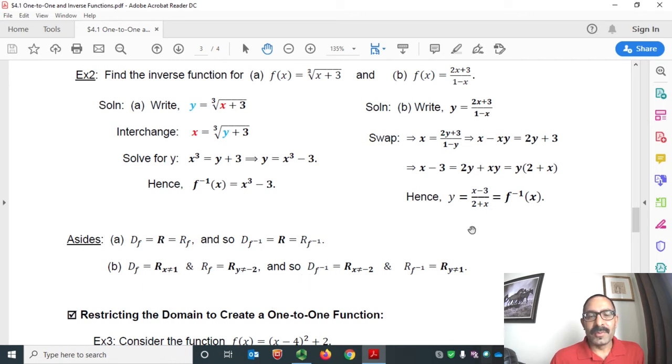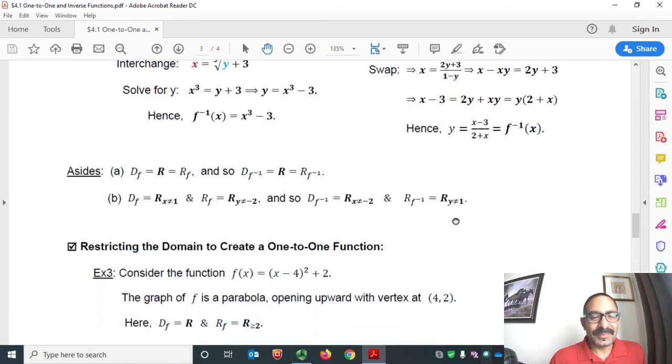Similarly, the domain of f inverse is everything but not minus 2, and the range of f inverse is everything but not 1. I hope this makes sense to you all. Now let's move on.